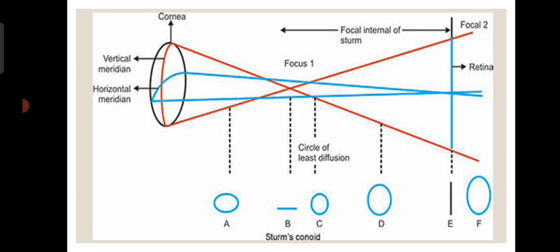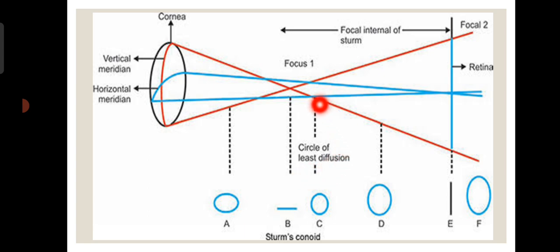This point B is just a horizontal line, because only the horizontal meridian has worked. At A, the horizontal and vertical meridians have not met. Here at B, only the vergence of the horizontal meridian is present.